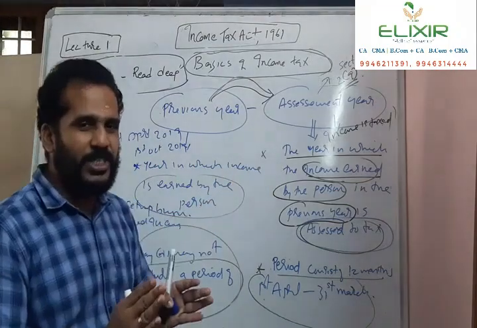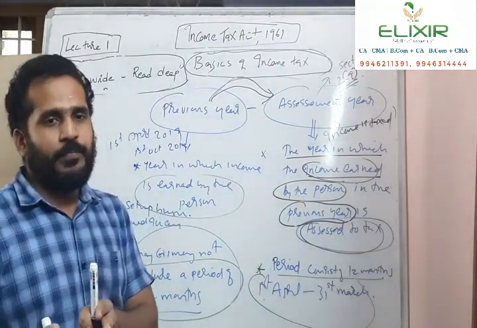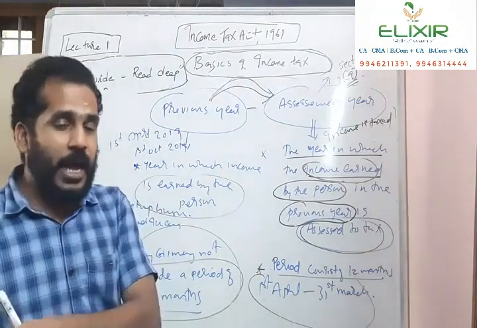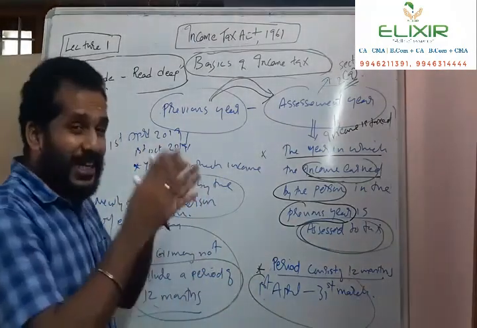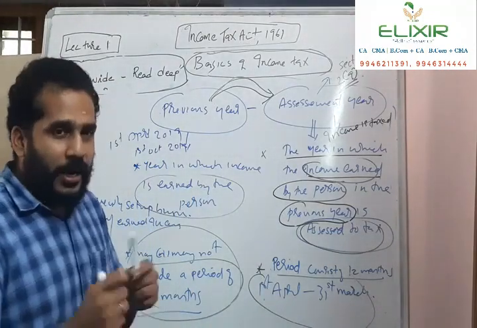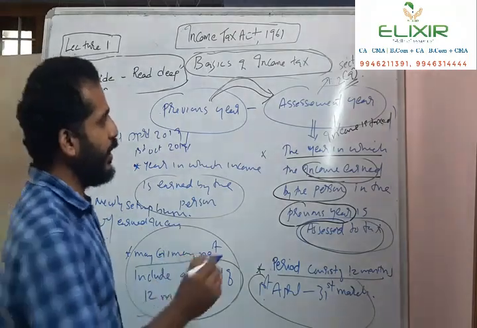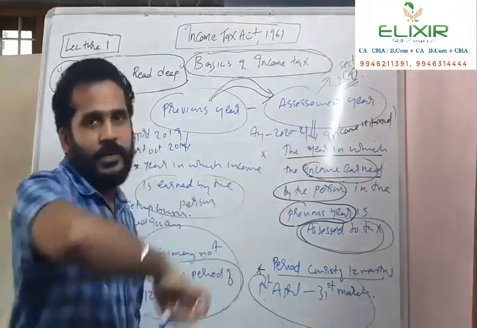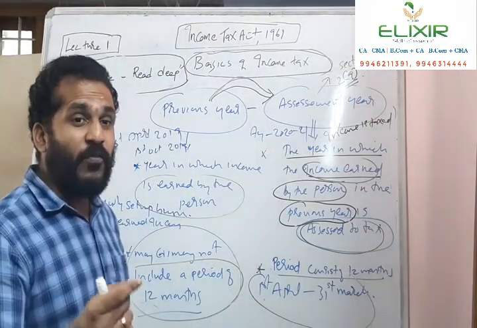Assessment year is the year in which the income earned by the assessee in the previous year is brought into the tax ambit, and the previous year is the year in which the income is earned by the person. Currently our current assessment year is 2020-21. That is the assessment year of which income?